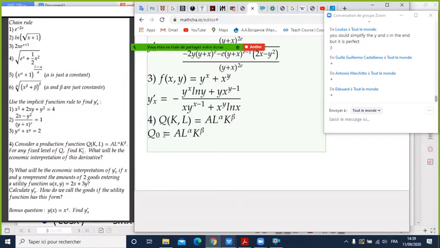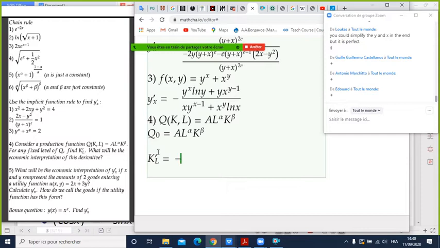And you see now, as we saw before with the implicit function, that whichever level of Q I put here, 1, 2, 3, 400, 300, 3000, the derivatives and the implicit function rule will work the same, right? So the constant doesn't matter, so we don't even have to add this step. We can just start straight from a production function of 2 variables, and for a given level of Q, find K prime L.